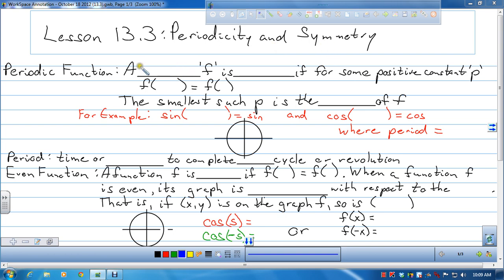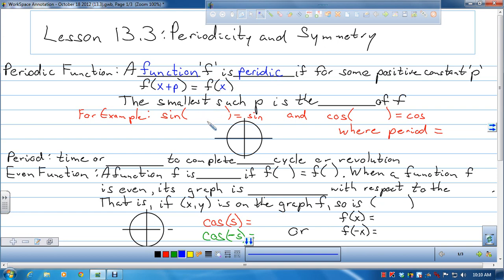So for a periodic function, that is going to be a function which we're going to call f. If you remember function notation, we'll call this function f, and it is going to be periodic if for some positive constant value, which we'll say is p, f of x plus p has the same exact value as f of x did.